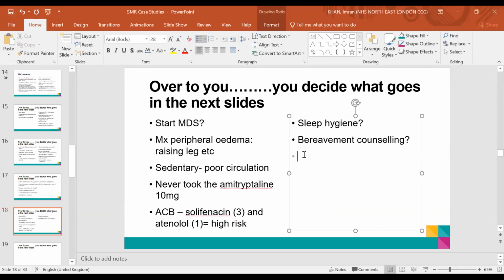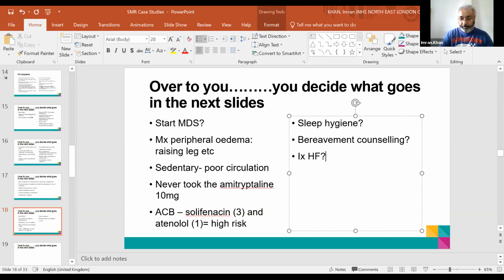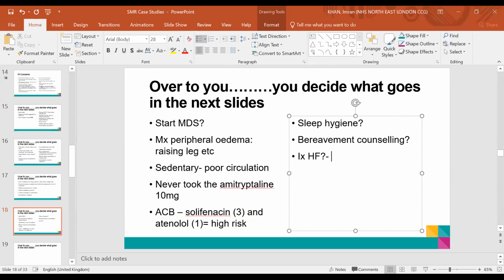Was she investigated for heart failure? No. So there's no blood. So what would you want done? I think that was Julia, wasn't it? Okay. Julia, what would you like done for the heart failure potentially?